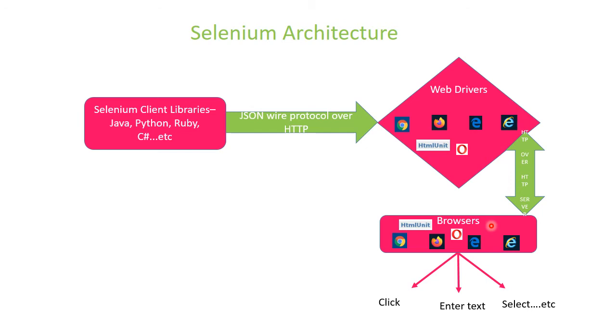Using these drivers, we can deliver actions such as clicking a button, or clicking an image or link, entering some text into edit boxes, selecting from a list, and so on.